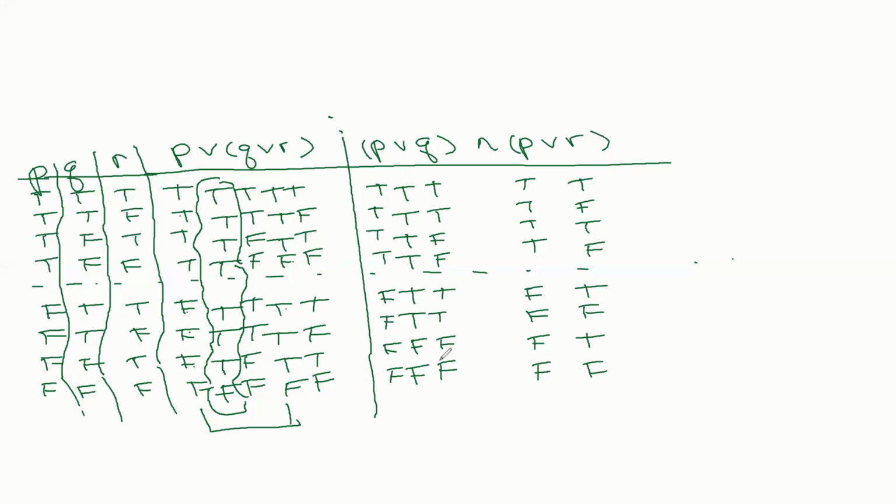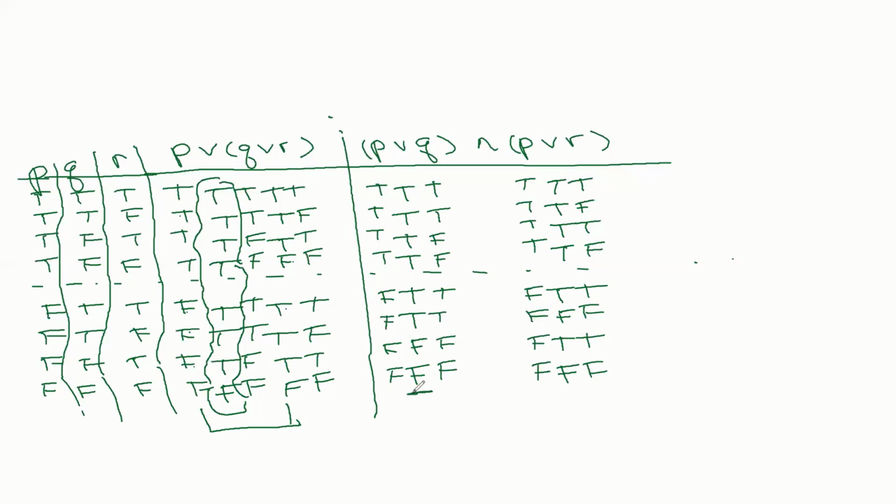So 6 trues and 2 falses. And now we have P or R: true or true, true, true or false, true, true or true, true, true or false, true, false or true, true, false or false, false, false or true, true, false or false, false.